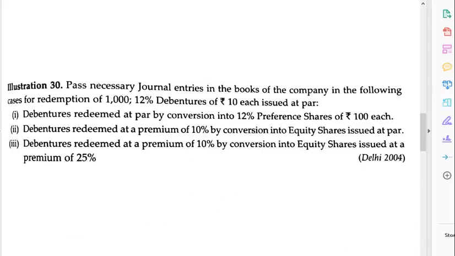Pass necessary journal entries in the books of the company in the following cases for redemption of 1000 12% debentures of 10 each issued at par. Debentures redeemed at par by conversion into 12% preference shares of rupees 100 each. Very simple. Let's do it.